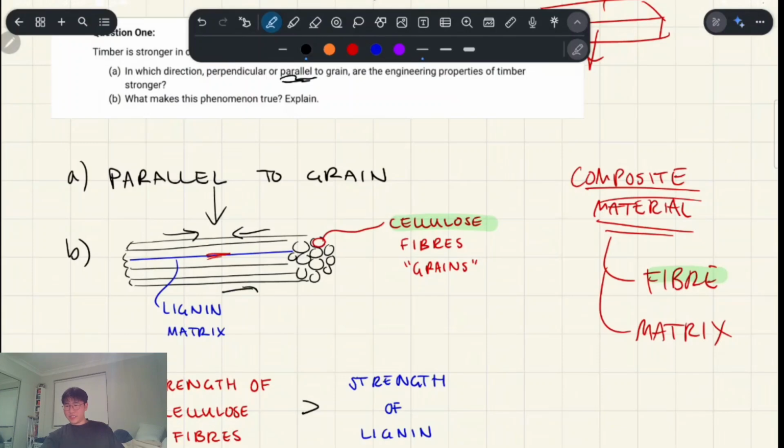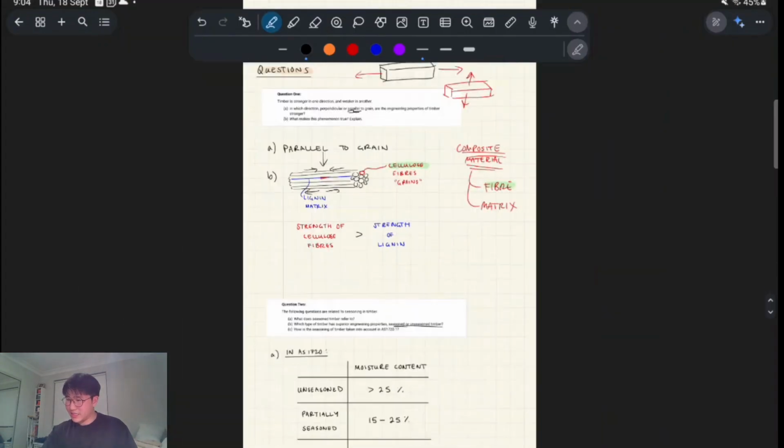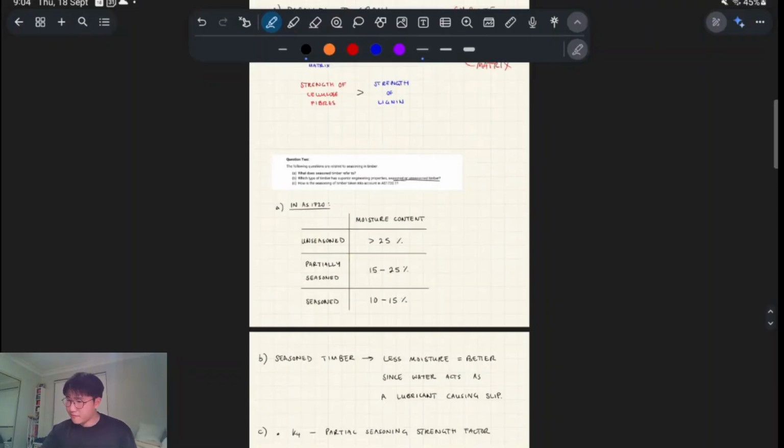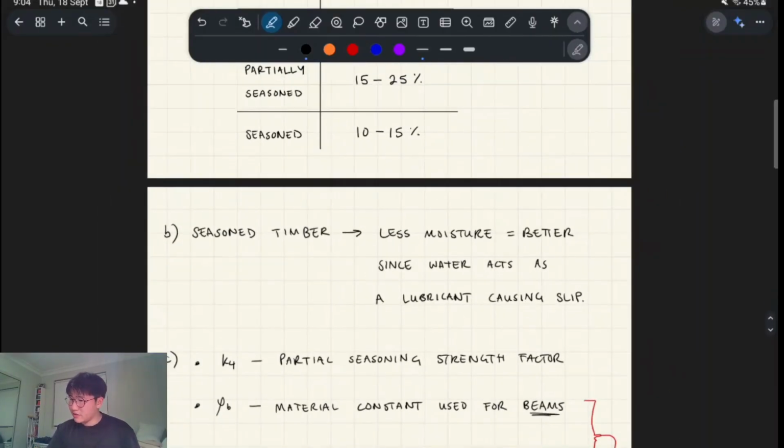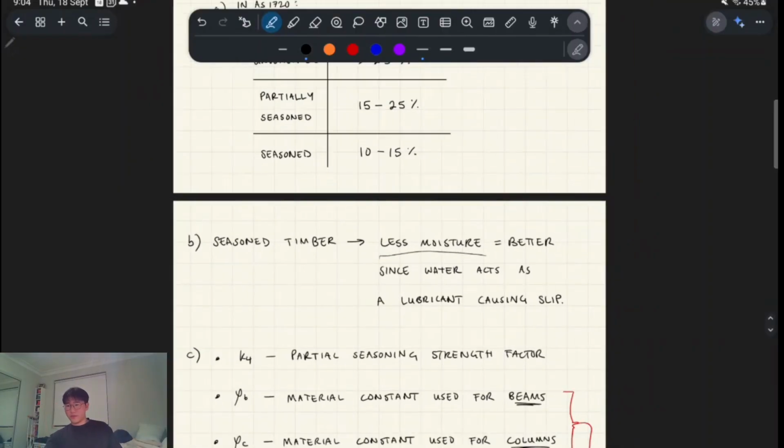Let's say there's a beam, and tension at the bottom, right? These individual fibers are trying to slide against each other, right? And so water acts as a lubricant and enables this sliding process more easily, which is a bad thing, right? Because we want them to act in unison. And so yeah, less moisture means better mechanical properties.